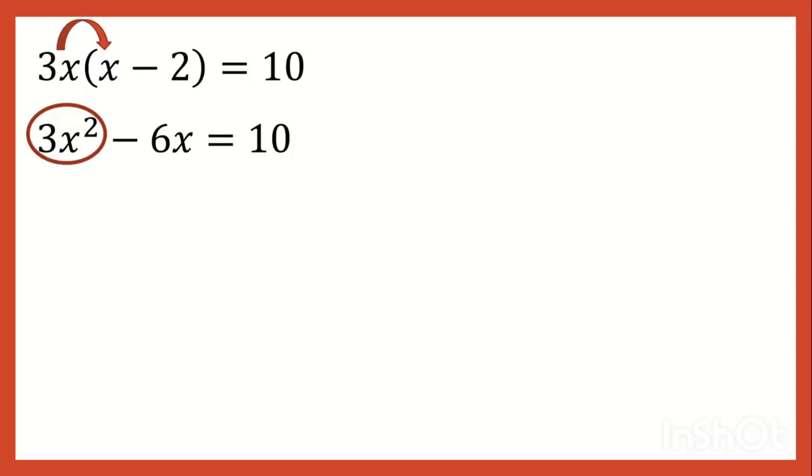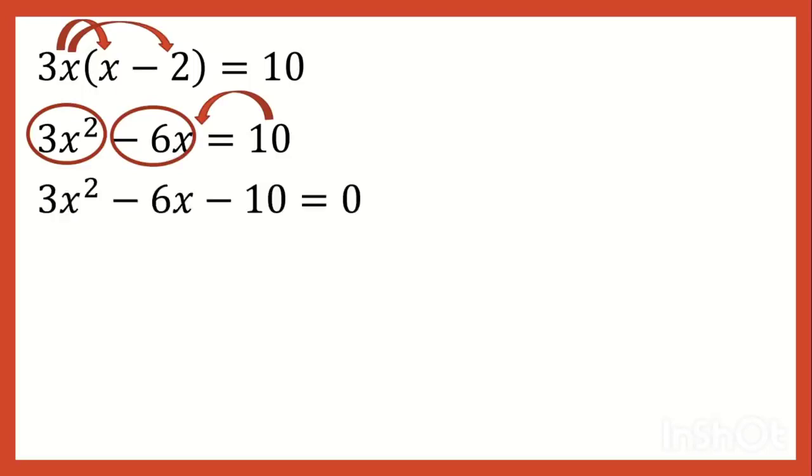Next. Saan naman natin nakuha ang minus 6x? 3 times negative 2, that is negative 6. And since we only have x, 1x, so you will just copy x. And then bring down equals 10. Next, ililipat na natin si 10 kasi that is our constant term for us to write the given quadratic equation into standard form.